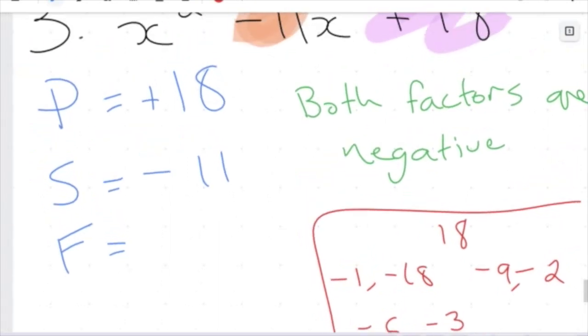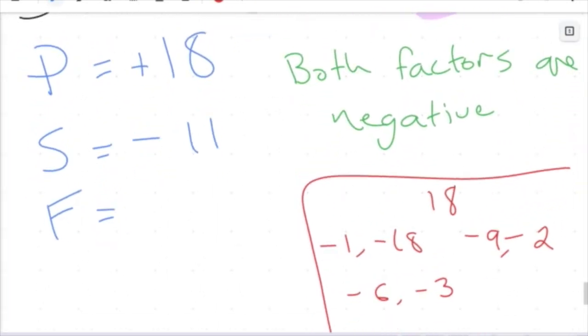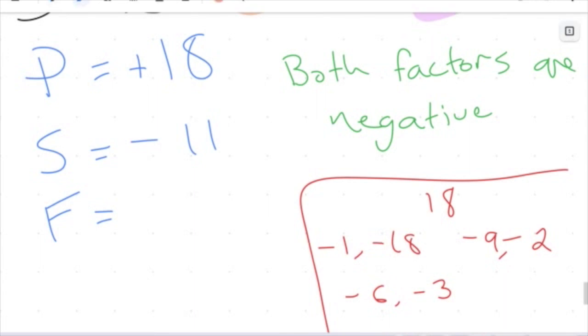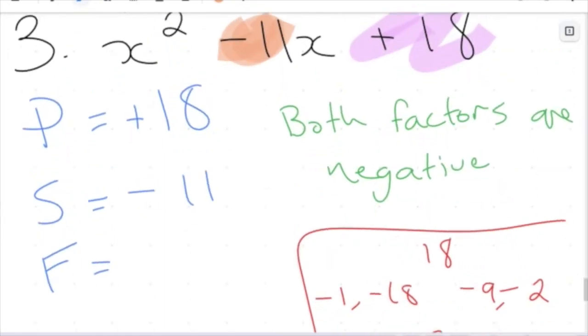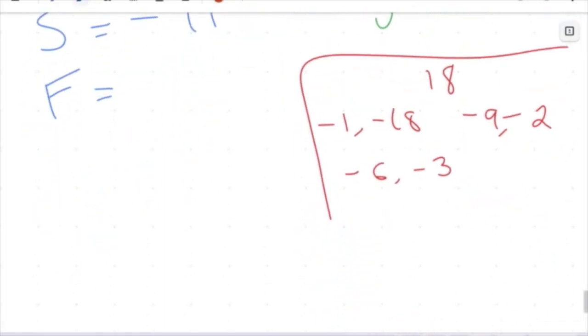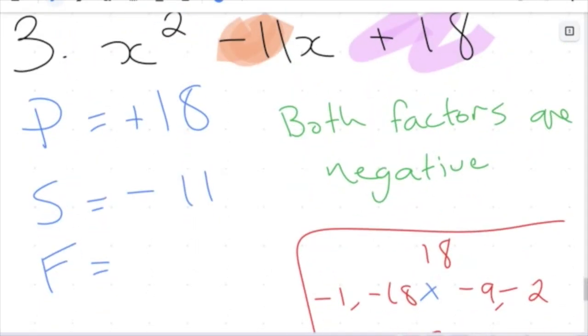Okay, so I want, when I add the factors, that I'm going to get negative 11. So this first one immediately we can rule out, because minus 1 minus 18 gives me minus 19, that's wrong, as well as this last one, minus 6 minus 3 gives me minus 9. That is incorrect.